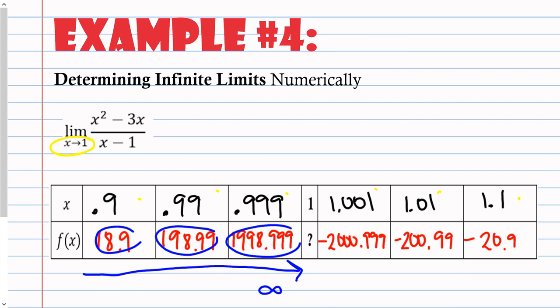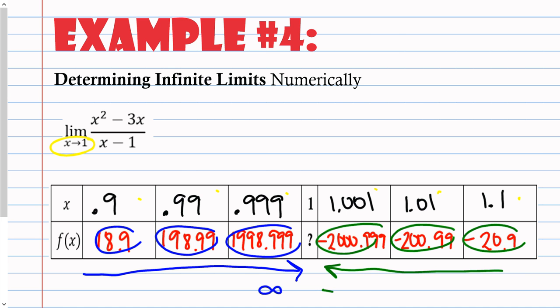Now you're going to emulate that idea onto the right side and figure out what's happening there. I started with negative 21, and then negative 201, and now negative 2001. So it's getting more and more negative. These numbers are getting smaller and smaller, since with negative numbers, the bigger the actual number is, the smaller it really is.